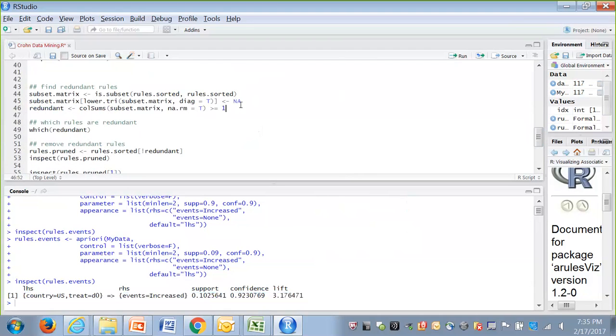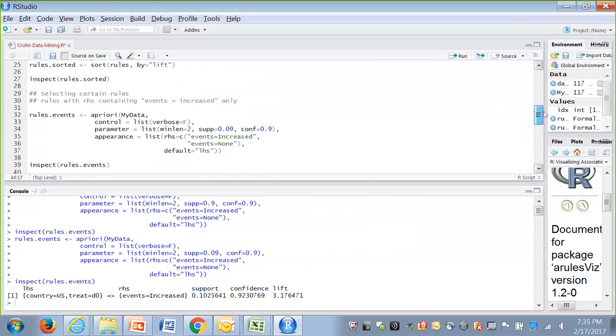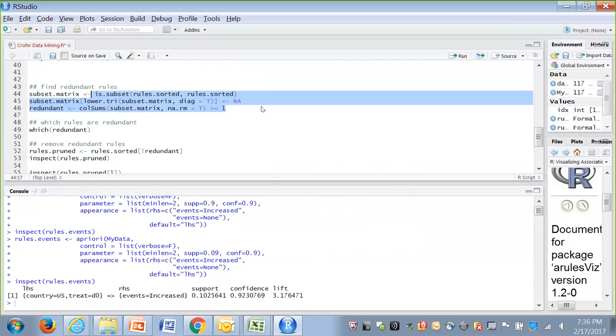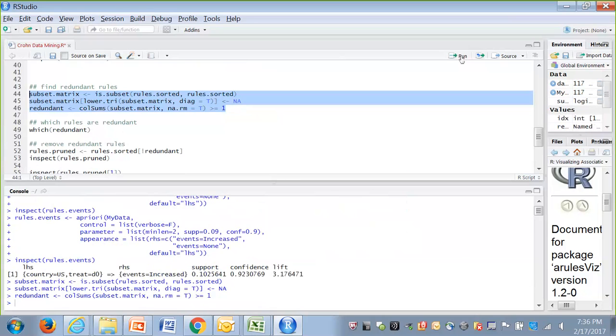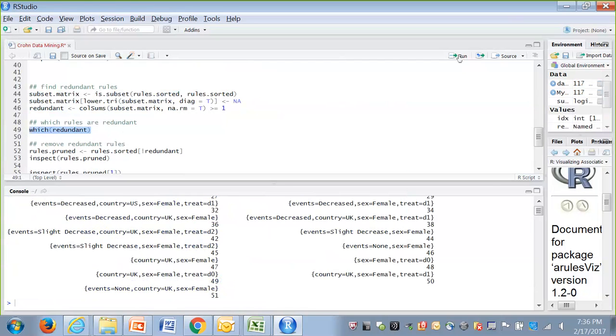So I'm going to run this. What we're going to do is prune out my 51 rules and see which ones are redundant.